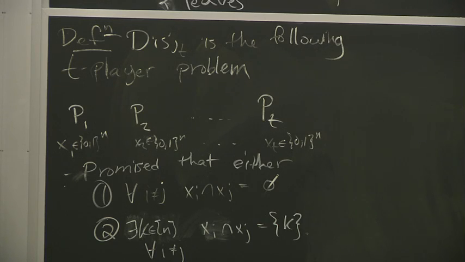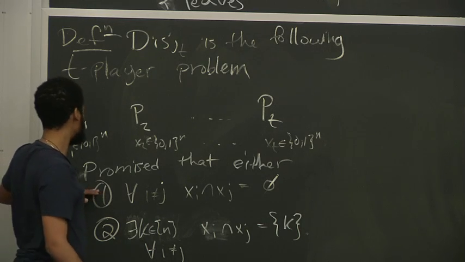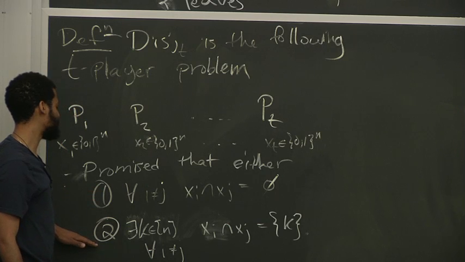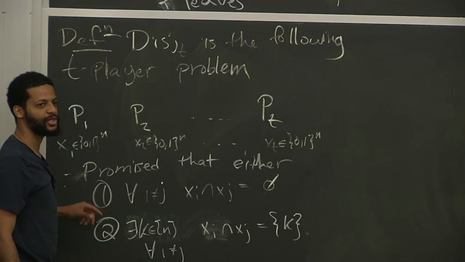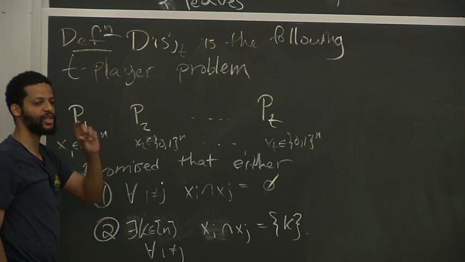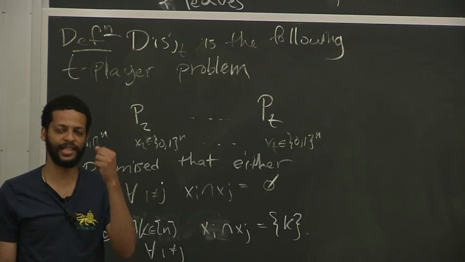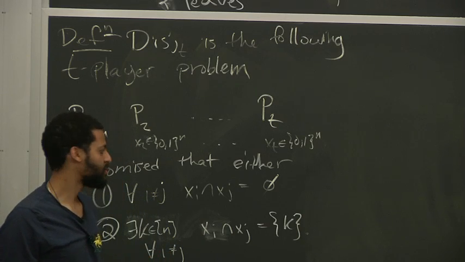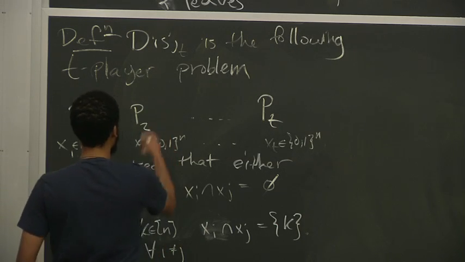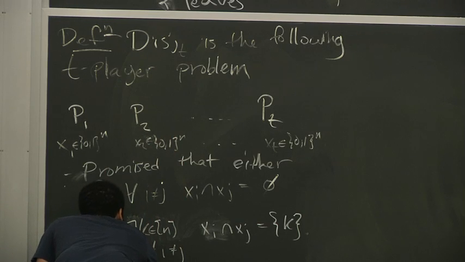Oh, so in this case, no 2 sets intersect at all. In this case, every pair of sets intersects at exactly 1 point, and it's always the same point, k. So there is an element from 1 to n that's in every single set. And the disjointness T problem is to decide which.